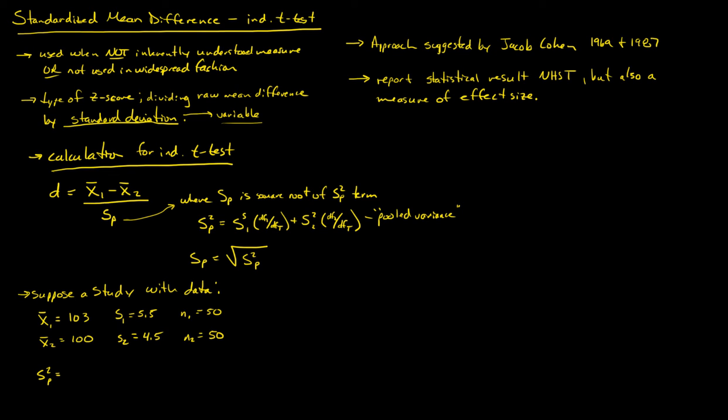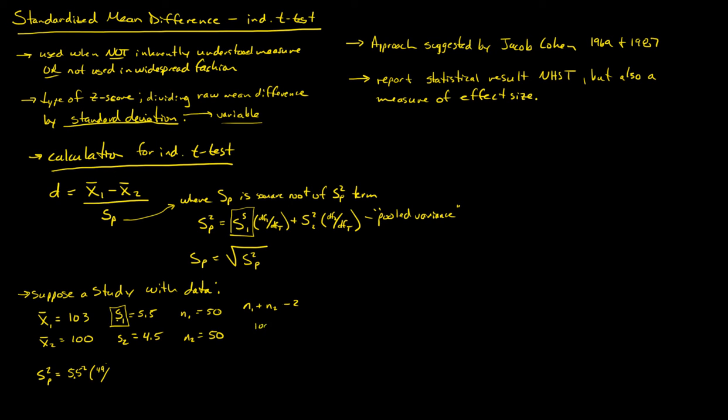The pooled variance term is going to be 5.5, and we have to square that because we have the standard deviation and need the variance piece. To go from standard deviation back to variance, we square it, and then multiply by 49, which is the degrees of freedom of group 1, n minus 1. So 50 minus 1 is 49, divided by degrees of freedom total, which is n1 plus n2 minus 2.